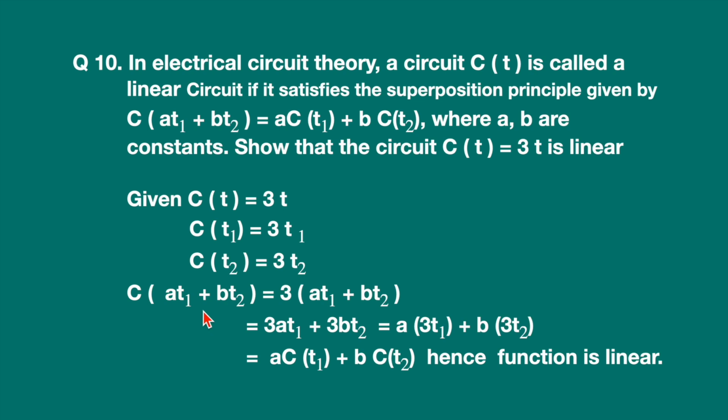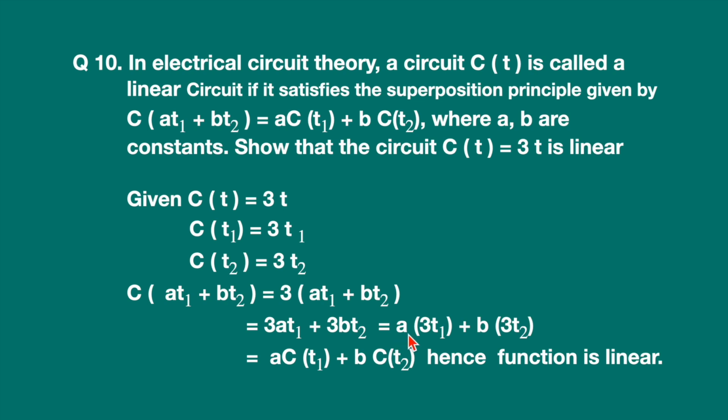C at (a t1 plus b t2). C(t) is what? 3t. If we substitute t with a t1 plus b t2, naturally here also we should write a t1 plus b t2. So in this first equation I am writing C(a t1 plus b t2) is equal to 3 times (a t1 plus b t2). See the function C at this value. Okay, now open the bracket.